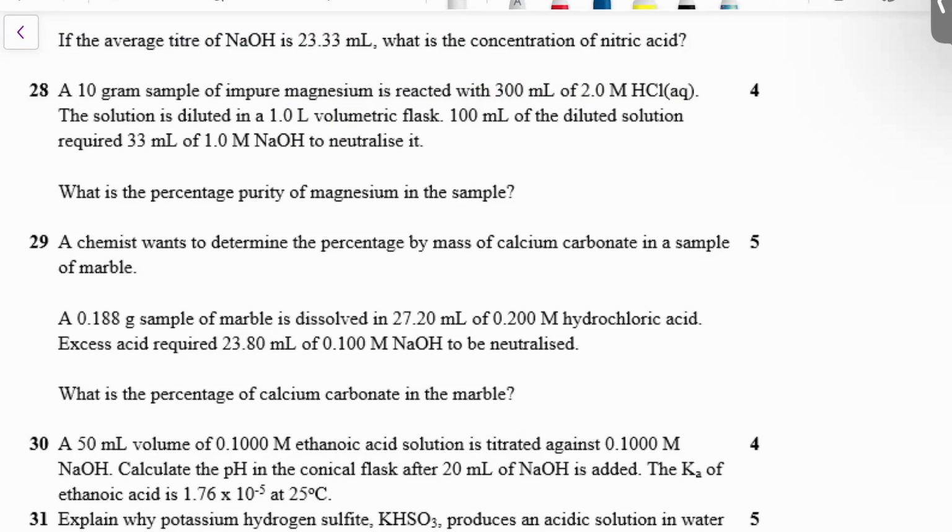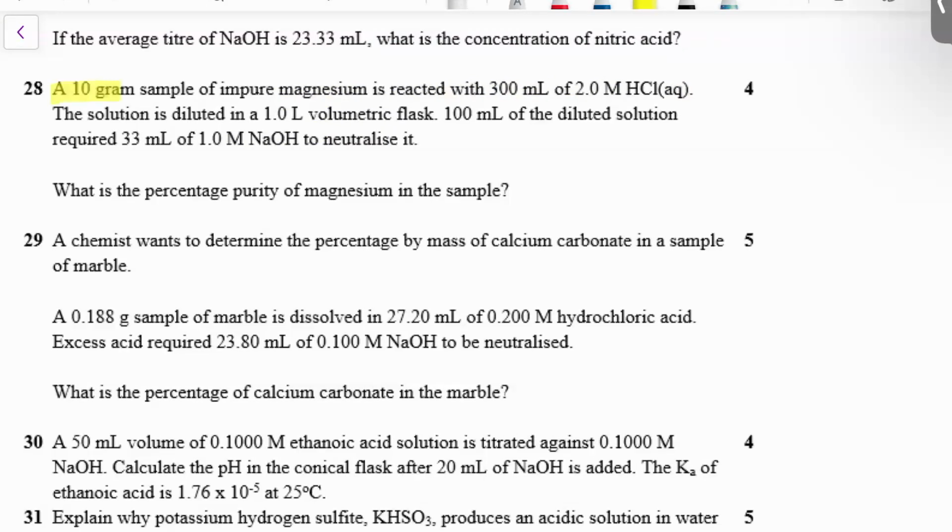You should be seeing titer, you should be seeing aliquot, you should be seeing standardized, you should be seeing the word titrate, literally. If you only see that for one, then it's a back titration. Notice the wording for the first sentence. The 10-gram sample is reacted with. It doesn't say titrated against. And then only after that does it say, oh, required 33 mils of NaOH to neutralize with it in a volumetric flask.